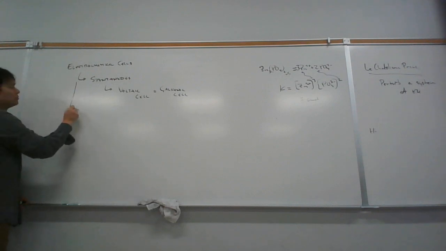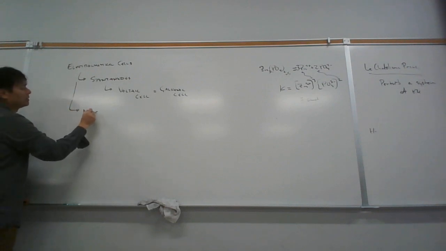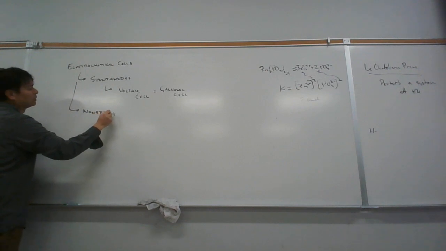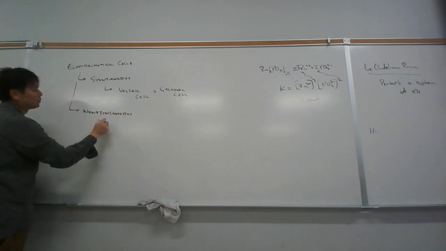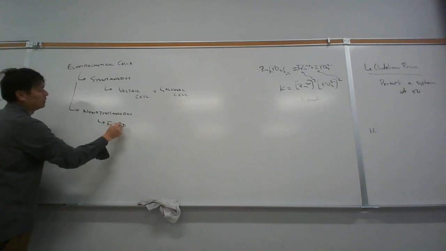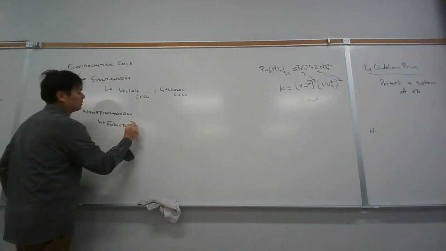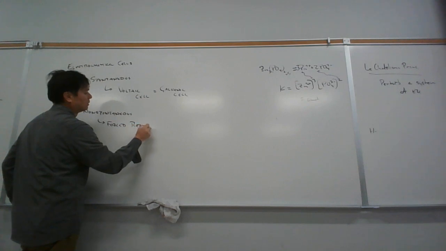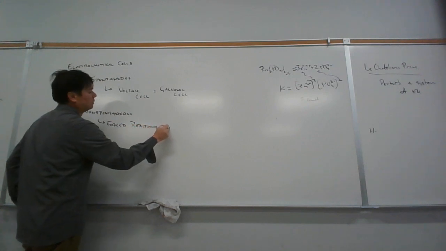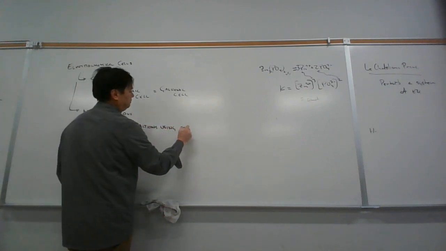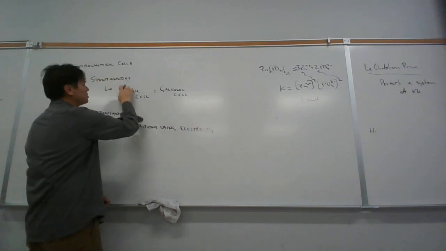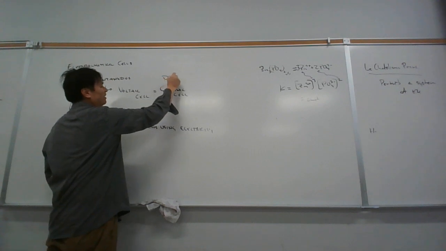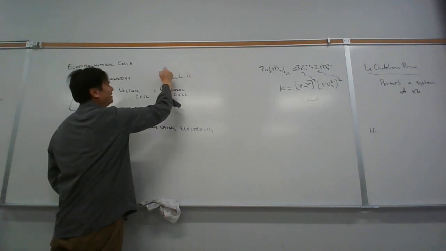And then we have these ones that are non-spontaneous. The non-spontaneous ones must be forced. And so here, these are forced reactions using electricity. And so basically, the spontaneous ones, these are downhill reactions.